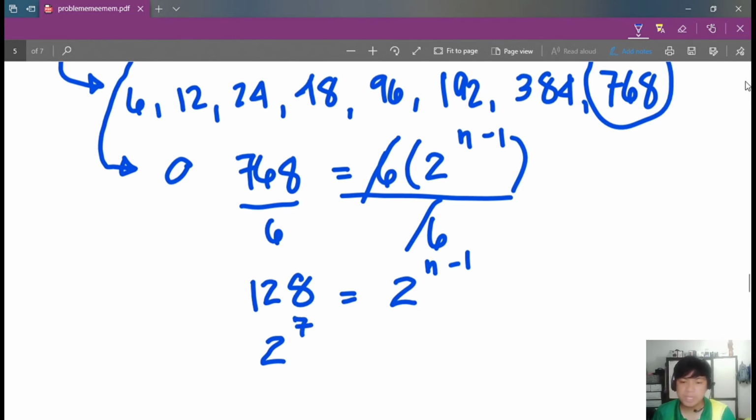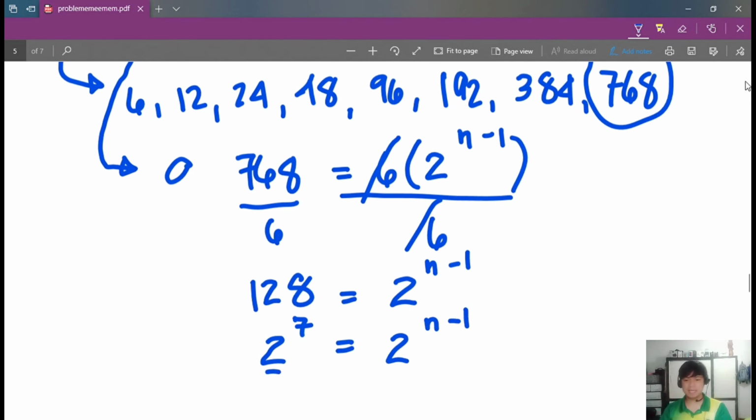Because 2 raised to 7 power is also equal to 128, tama? Kasi 2 times 2 times 2 times 2 and so on, that is equal to 128. So you can use your calculator to double check if 2 raised to 7 is 128. Is equal to 2 raised to n minus 1.